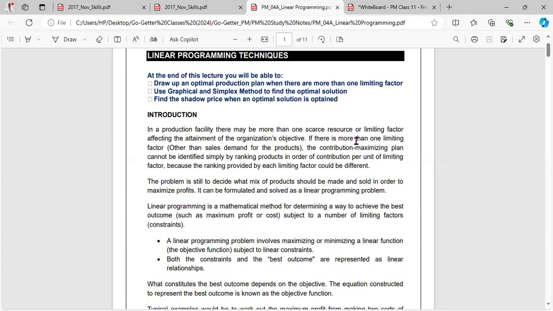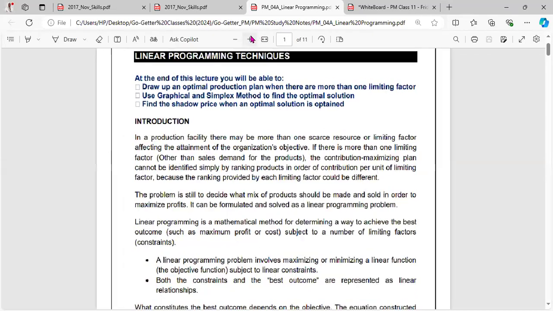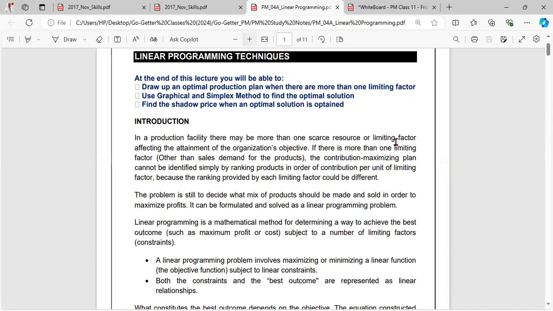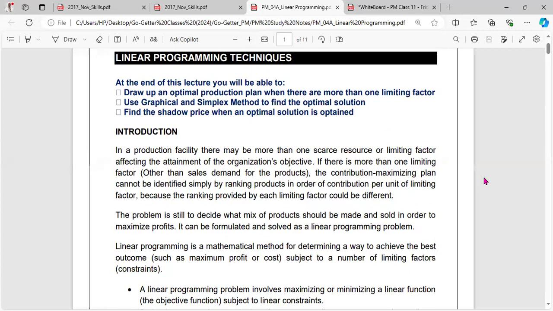But sometimes life does not happen that you have only one limiting factor. You might have more than one limiting factor affecting your production at the same time, and so you will not be able to use the limiting factor solution to solve this.